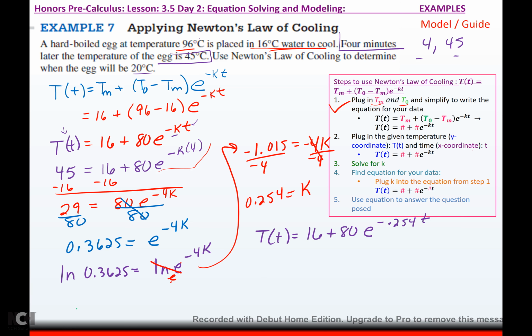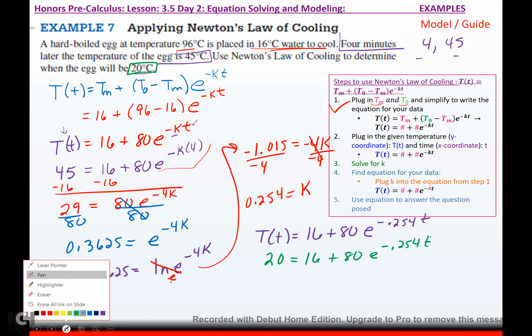So now I know I want my final temperature to be 20, so 20 equals 16 plus 80e to the negative 0.254t. And I'm trying to solve it for t. So again, I'm going to subtract 16.